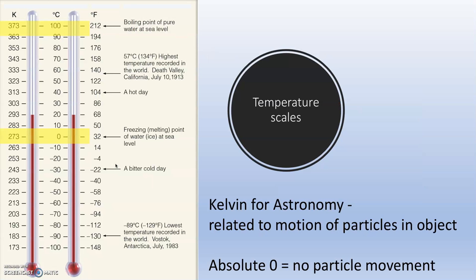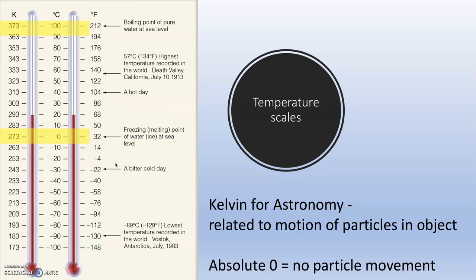And in astronomy, we measure the energy really not by Fahrenheit, and we don't even use Celsius. We use Kelvin in astronomy for a very specific reason. The Kelvin is related directly to the motion of particles in the object. And in fact, when we start at the lowest level of Kelvin, absolute zero, it's saying there is no particle movement in the object at all.